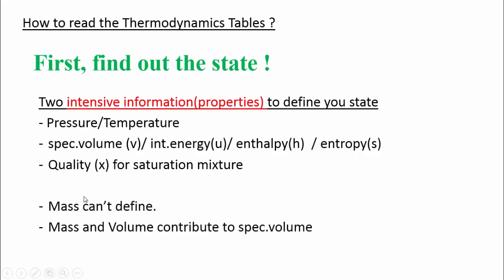And one tip here is that the mass cannot help at all because we only need intensive properties. Mass is an extensive property, but mass and volume do contribute to specific volume, which is your v, and you can define your state with this.